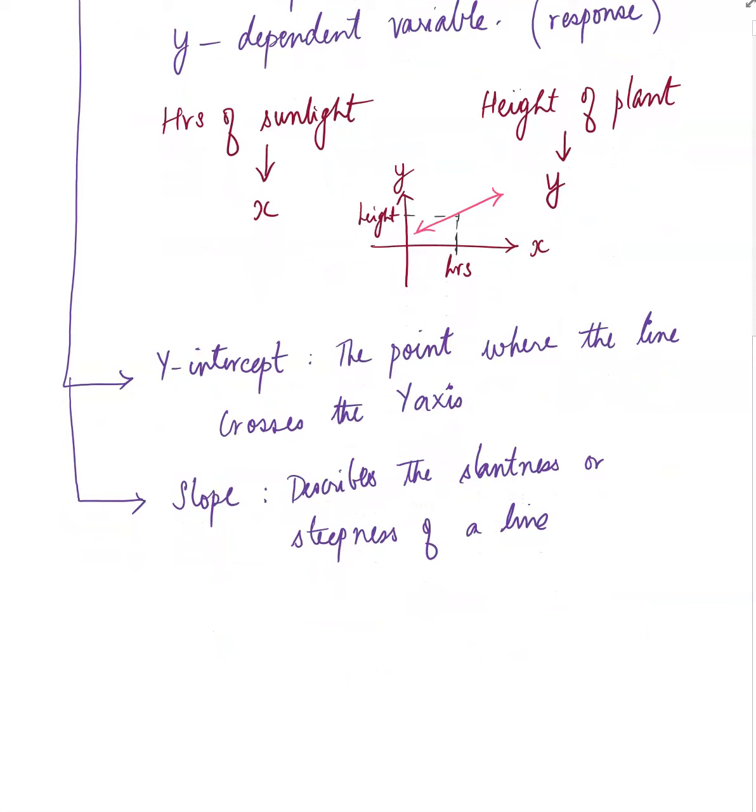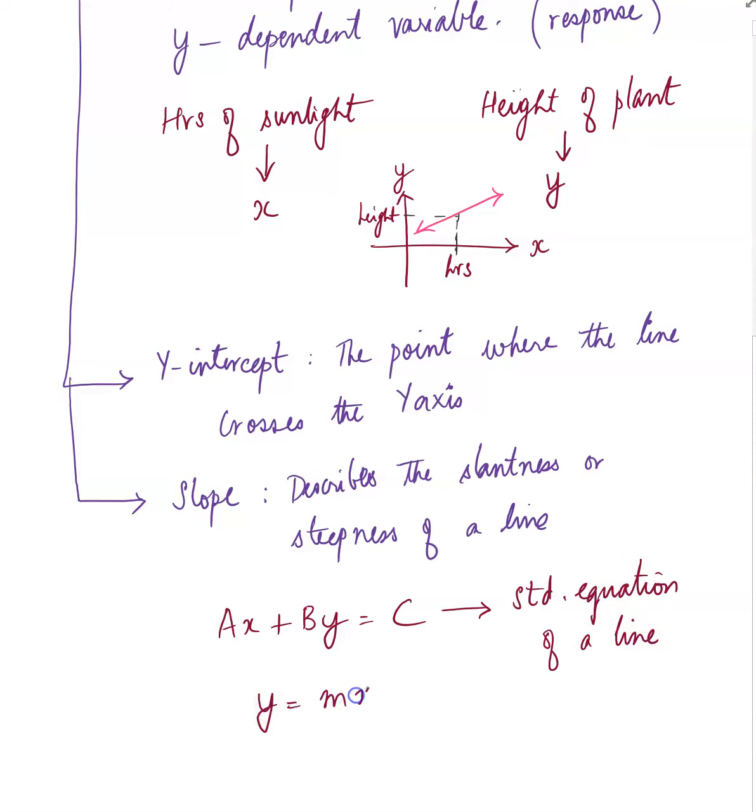And if you recall, we've seen many equations of a line. Quick algebra lesson here for us. Let's start with the standard one. The standard one would have been ax plus by equals c. This is the standard equation of a line. Then we saw y equals mx plus b.